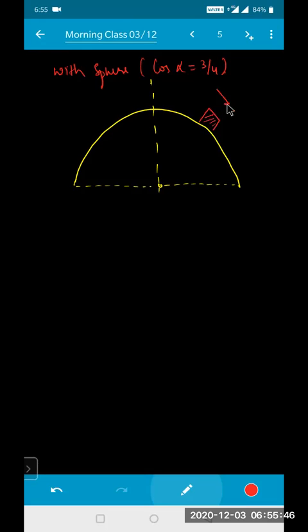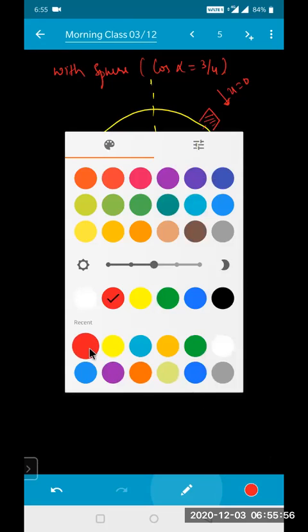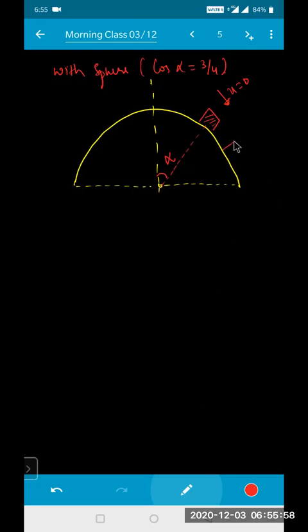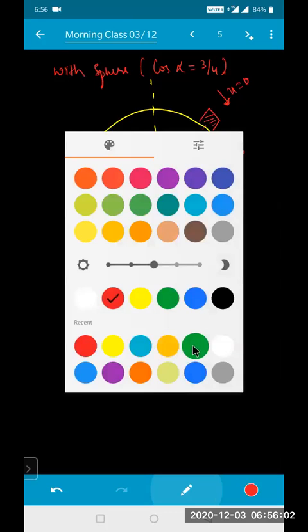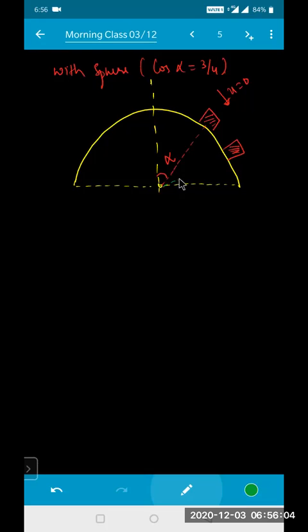From here it is released, u is equal to 0. That means with the vertical it is already making an angle alpha. When it comes to somewhere at this position, it is losing the contact. That means with the vertical it is now making a new angle, that angle is beta. This is the radius r.